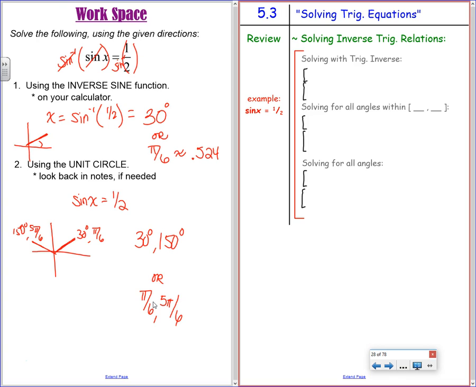So, using what we've done right over here in your notes, if you were solving for all of these examples, or I should say for all of these directions, it's for the exact same problem. If you were given the directions, just solve sine inverse of 1/2, or solve x equals sine inverse of 1/2, you would have to answer like your calculator does, the one principal value.